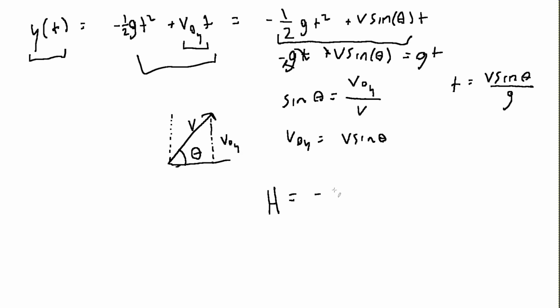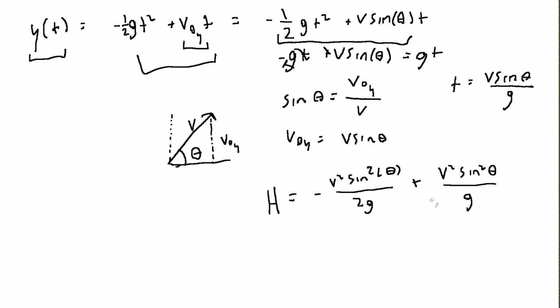And then the numerator will be left with negative v squared sine squared theta over 2g. The 2 is from the negative 1/2. Okay, and then we add that to, well, we have v sine theta here, and we're multiplying it by v sine theta, so we have v squared sine squared theta over g. Okay, so this is our expression.